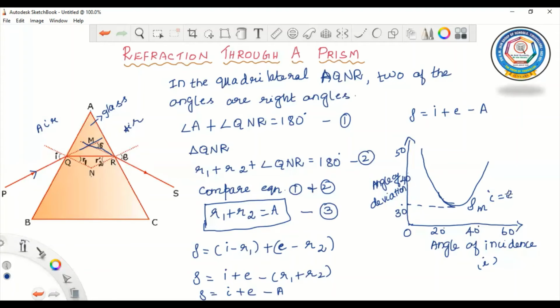So now let us find the expression for refractive index of the material of the prism with the help of these expressions. Okay.